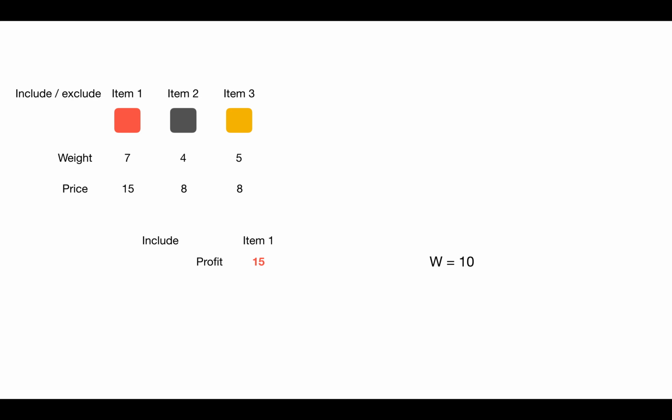Can you include them in the solution after including 1? Clearly you cannot. So the capacity of the knapsack is reduced to 3. So profit becomes 15. Now what if you exclude item 1? Then you just check for the rest of the items. Clearly, if you don't include 7, you can add these two items and get the maximum profit, which is 16. So there you got your subproblem.